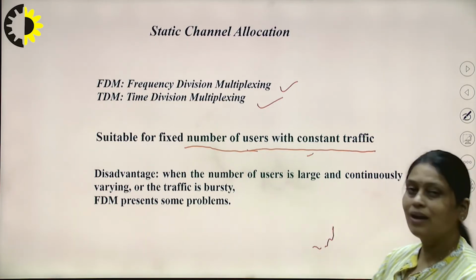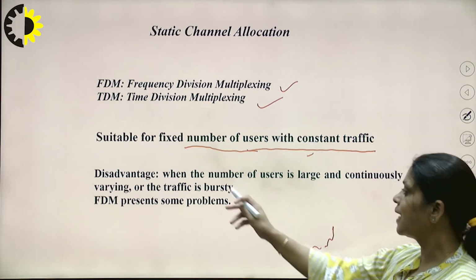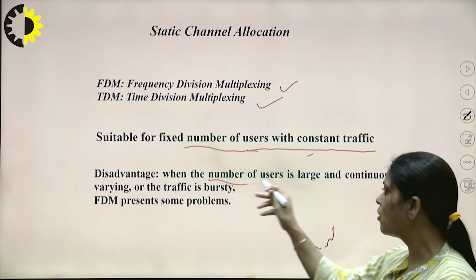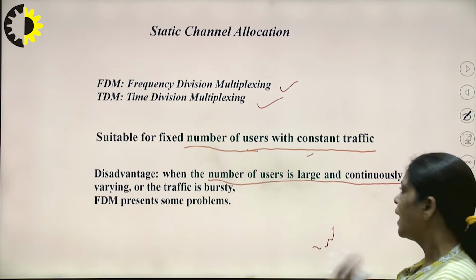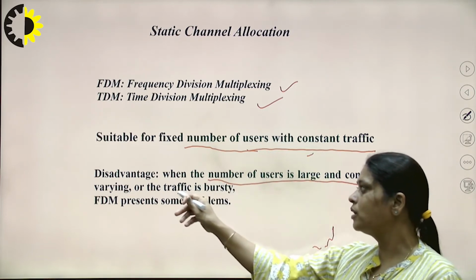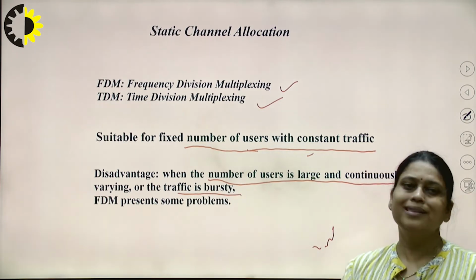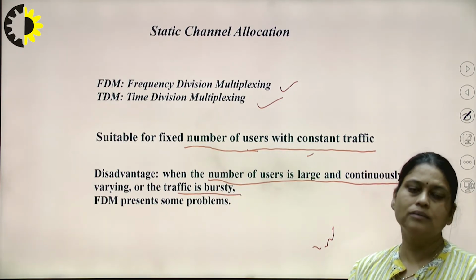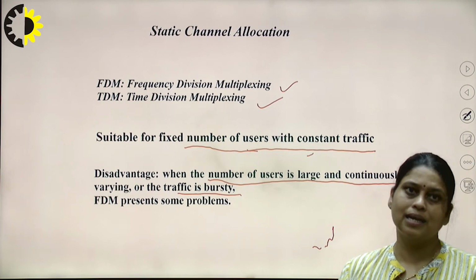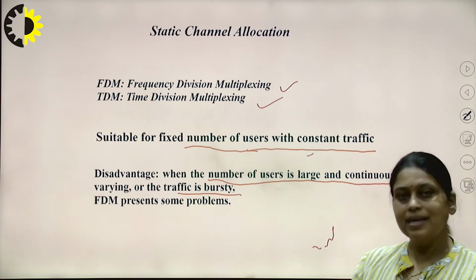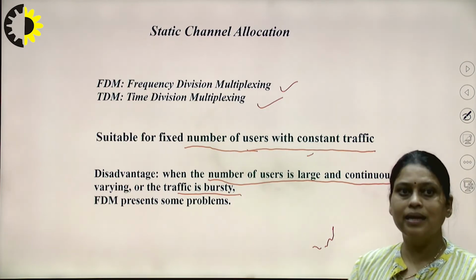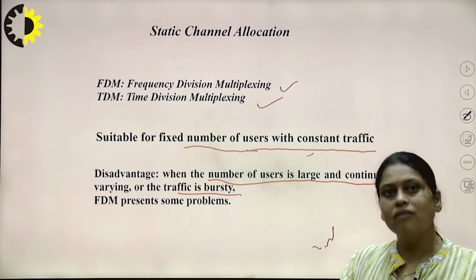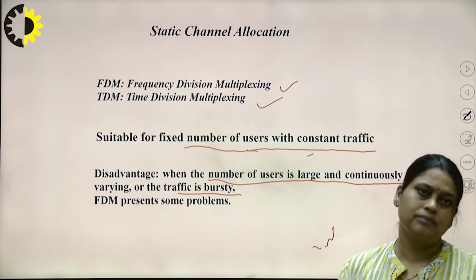The disadvantage of static channel allocation is when the number of users is large and continuously varying, or the traffic is bursty. In that case we will not apply static channel allocation, because as the number of users increases, there is a need for more bandwidth.